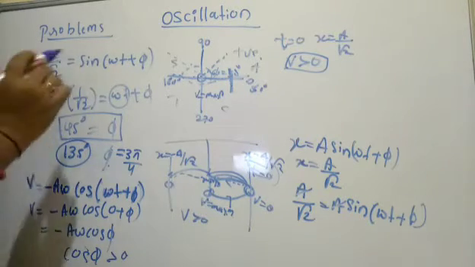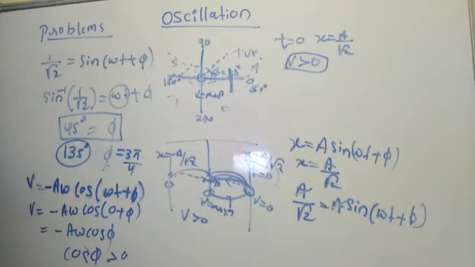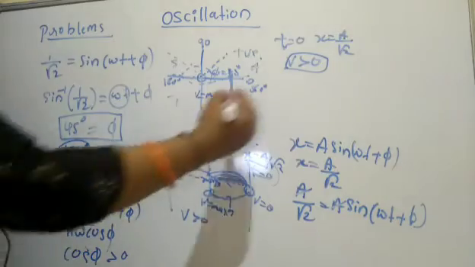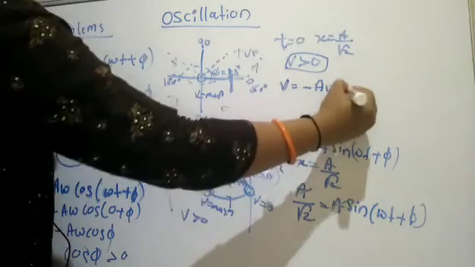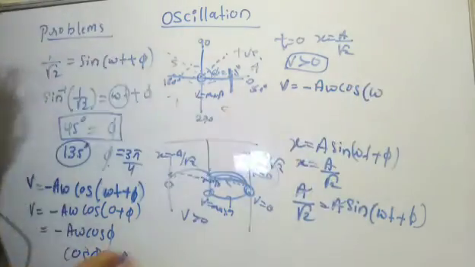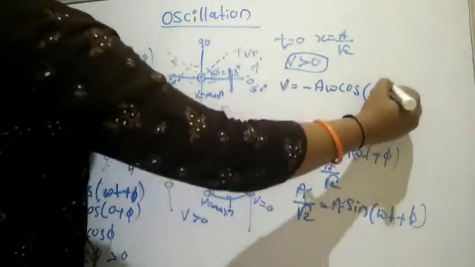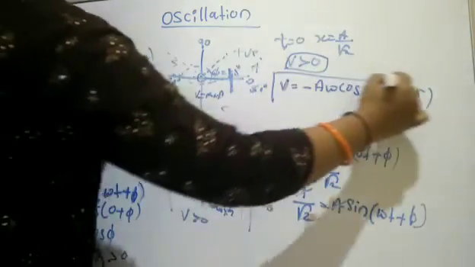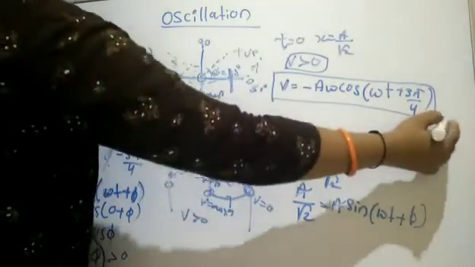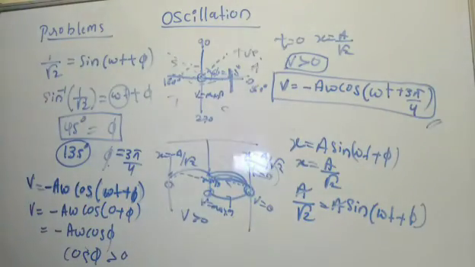For that reason, velocity will be negative here. v is equal to minus. So finally we conclude what is the velocity here? Minus a omega cos omega t plus 3 pi by 4. So this is the velocity of the particle executing simple harmonic motion at the point x is equal to a by root 2, initially moving in a positive x direction.